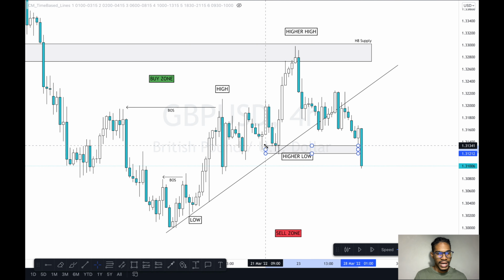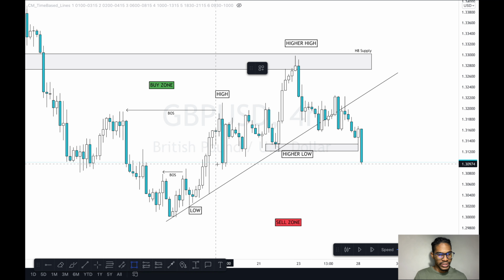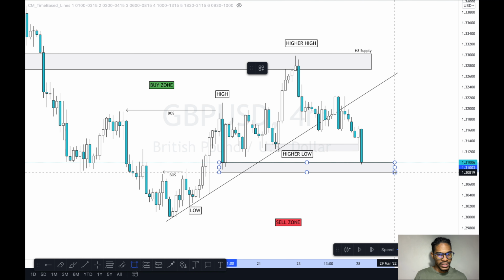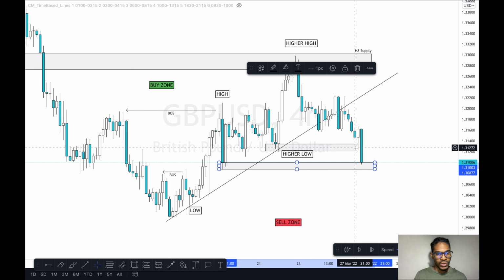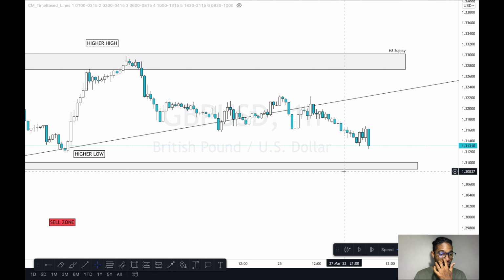Our demand levels are being broken, and we're in a sell zone. And this is another level of demand as well. Now that we've broken this low, the last low point, we simply drill down to lower time frames to see what they are doing.